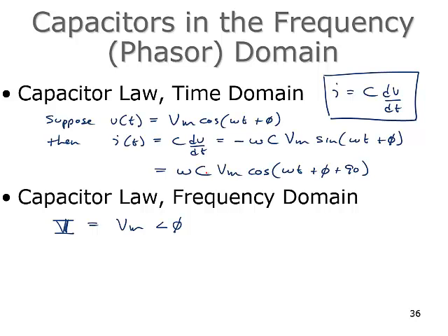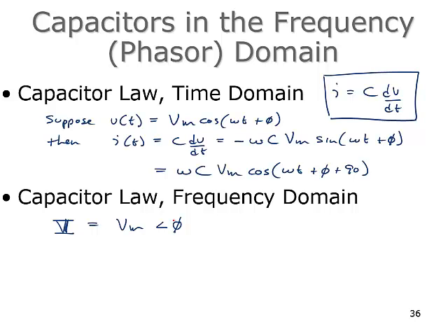You could actually do the same analysis here, and in this case, we're giving a cosine for our voltage, and then we take the derivative of that. Again, giving a minus sign, we add 90 degrees and so on.